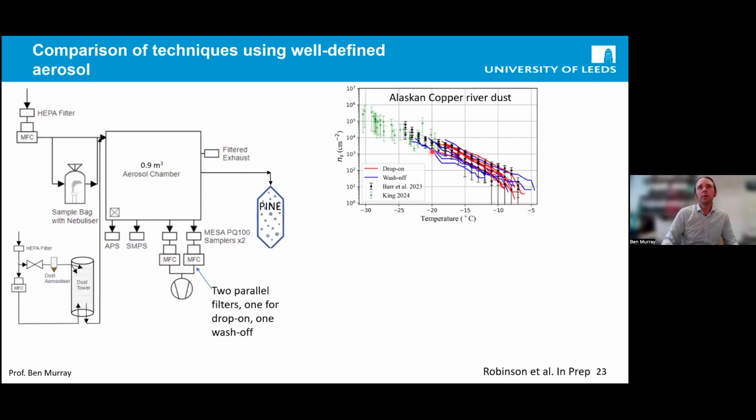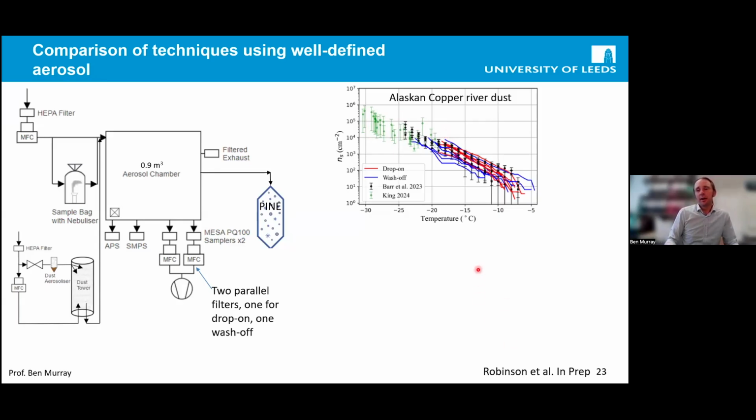It also agrees with the black points in the background, which are based on cascade impactor work we did, where the samples were collected out in the field directly from the air, and also the green points, PINE measurements, which we made in a separate set of experiments. When we've normalized to the surface area, everything is agreeing very nicely.